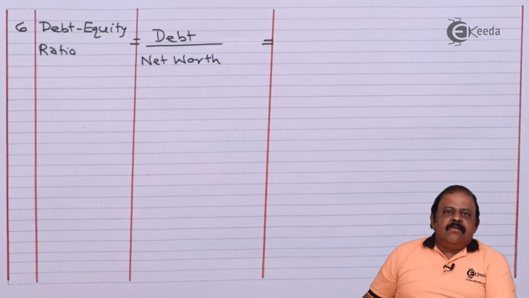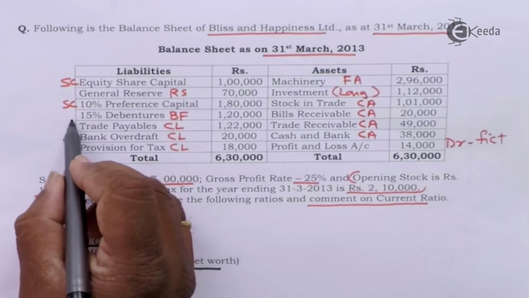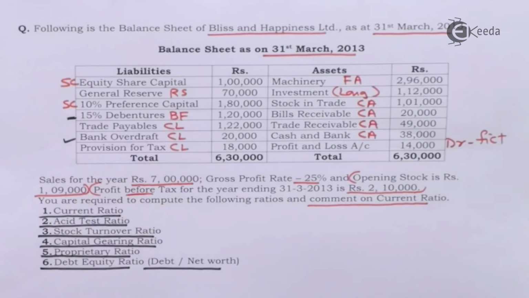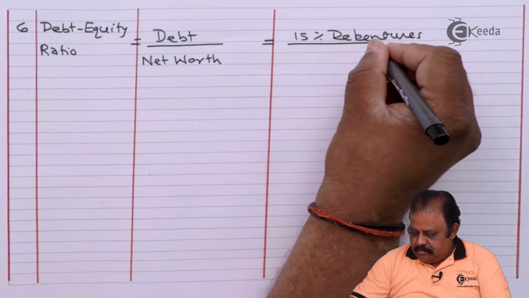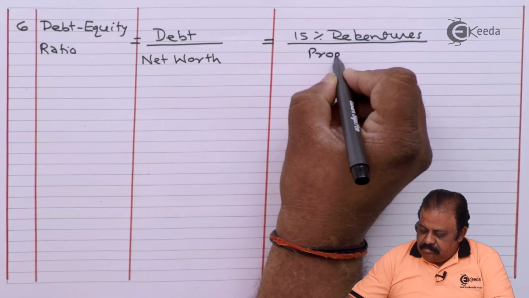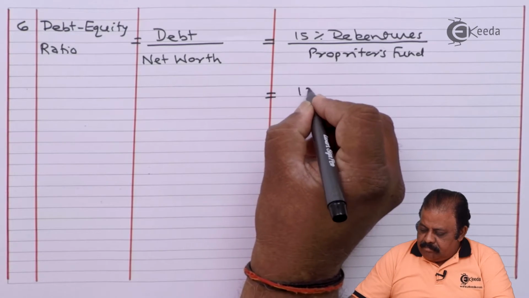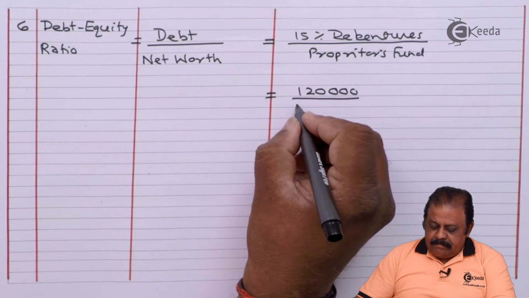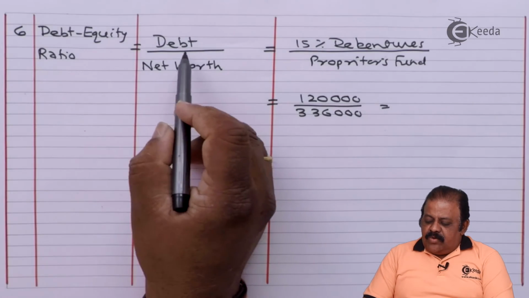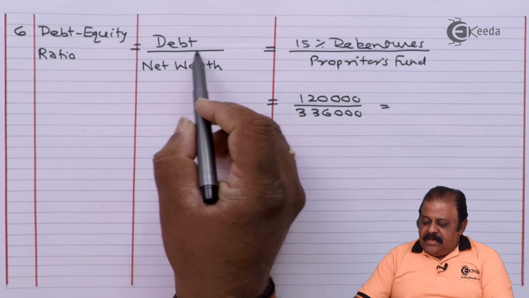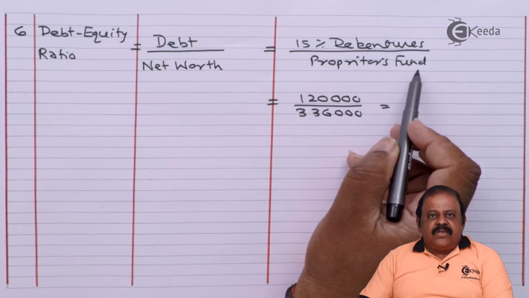Here debt means borrowed fund, long term borrowed funds. Here we have 15% debentures. Debt equity ratio, debt divided by net worth. Debt 15% debenture, net worth equal to proprietor's fund.